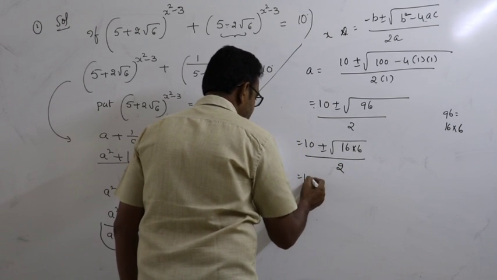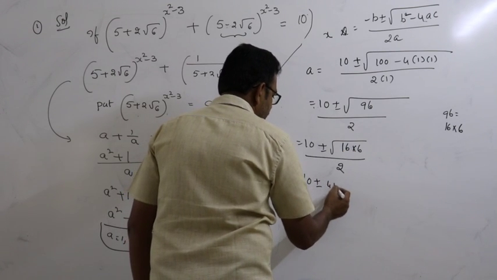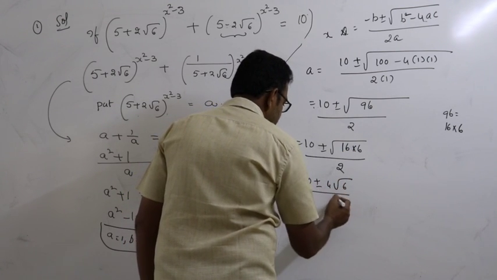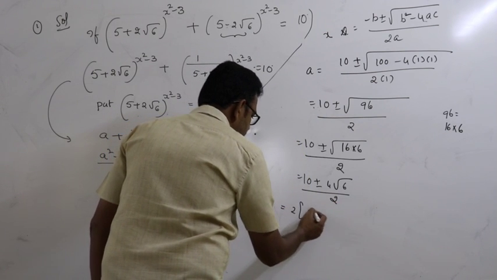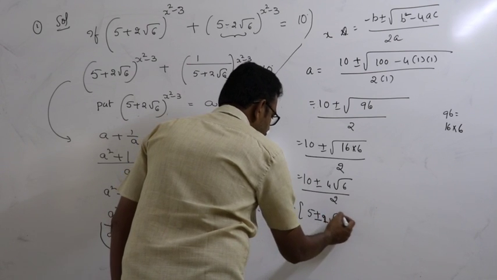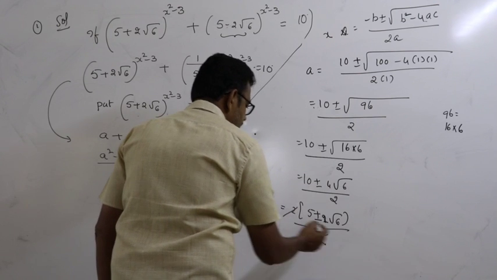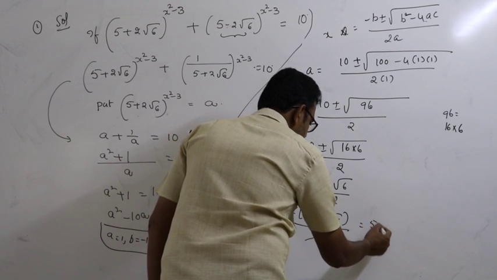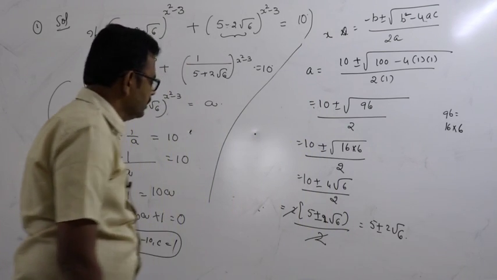Taking 2 common, this is 5 plus or minus 2 root 6 by 2, the 2 cancels. Therefore a is 5 plus or minus 2 root 6.